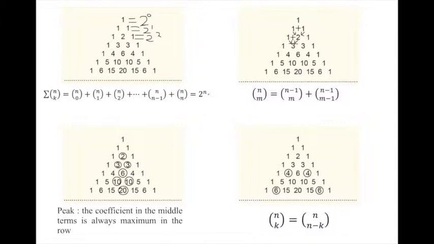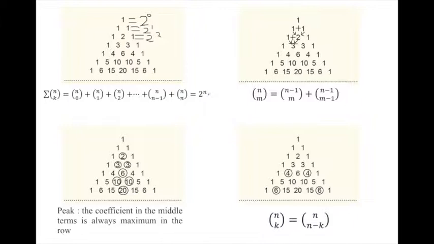We can see from the graph on the top left, the first row we have 2 to the power 0, and the second row, when you add two numbers up, we get 2 to the power 1, and the third line, we add all the numbers up, we get 2 to the power 2, and the fourth line we get 2 to the power 3.